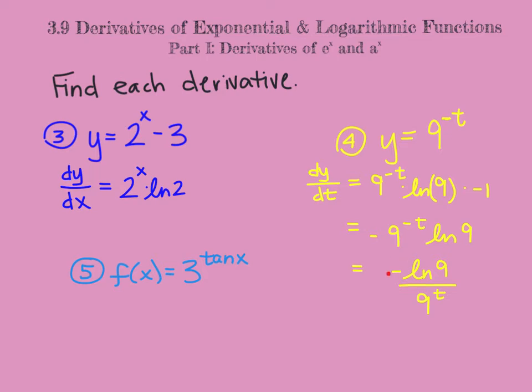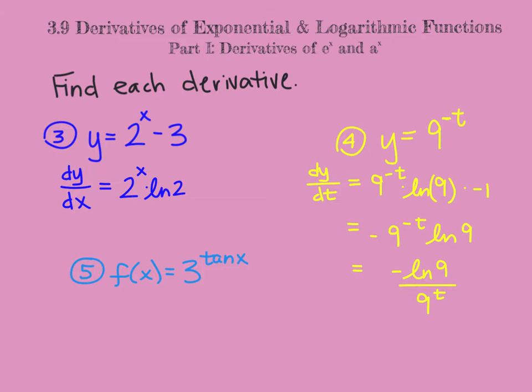That negative could also just go out in the very front of this fraction. It could stay in the numerator. We just don't want to write it solely in the denominator. So this is a perfectly acceptable answer right here, pretty much cleaned up. This is also an acceptable answer here. This would not be quite as acceptable because this looks more confusing with the negative 1 at the very end.